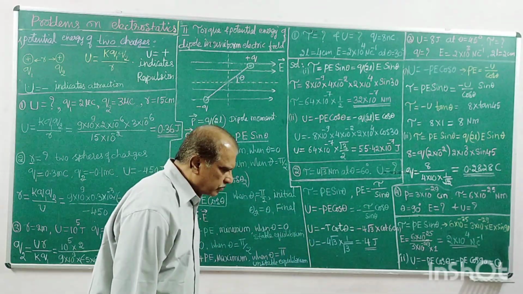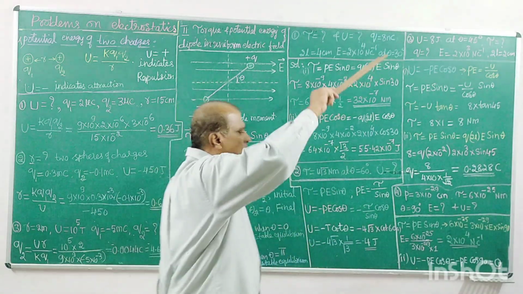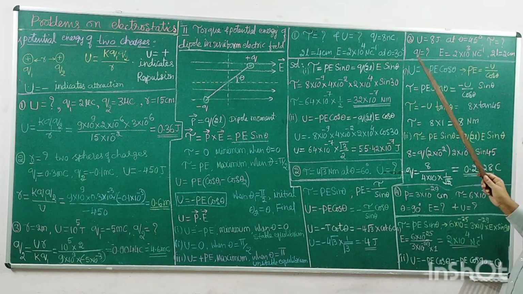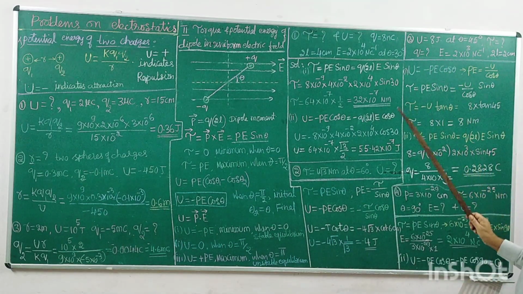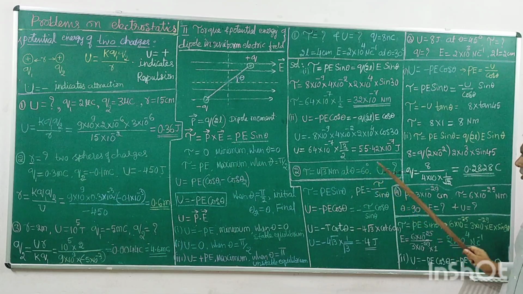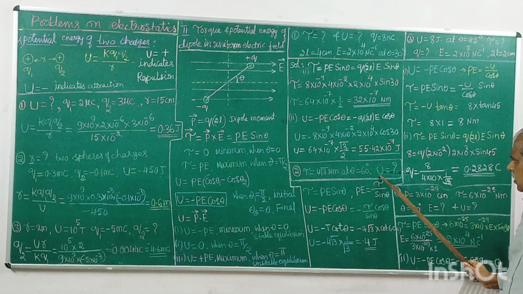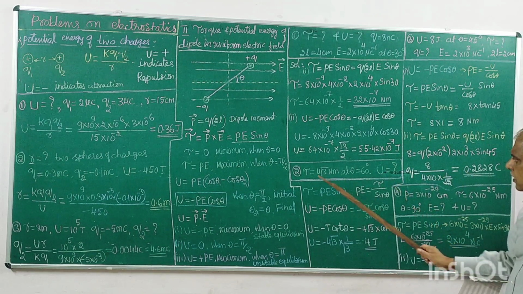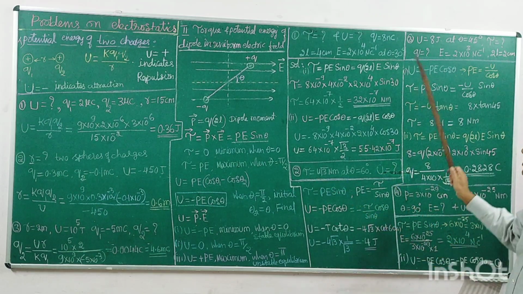Now the other problem is just the reverse of this. Here you are given T, calculate U. Now in this problem you are given U, can you calculate T? Yes, it is also possible.